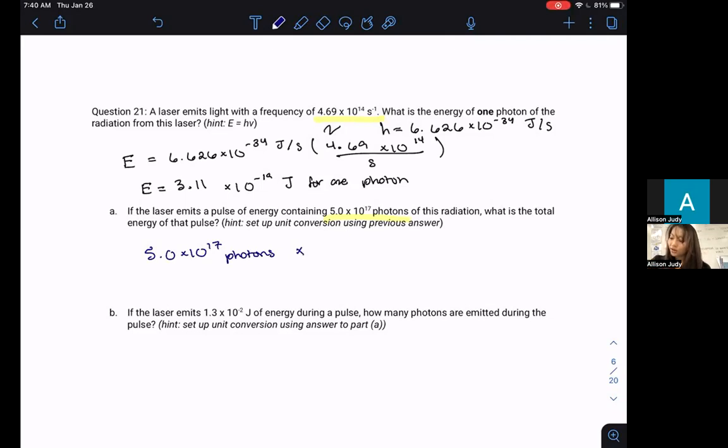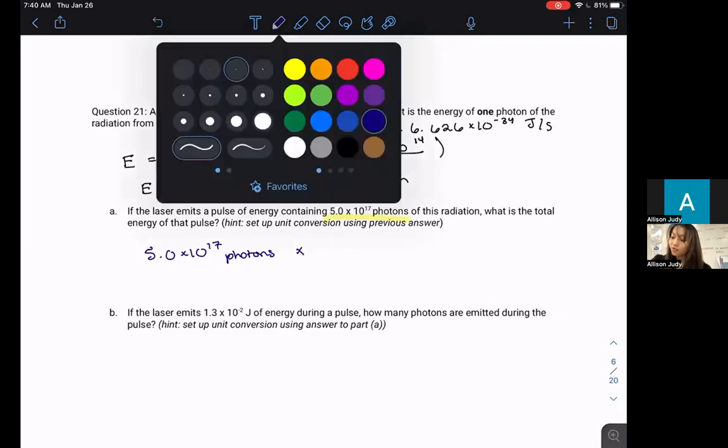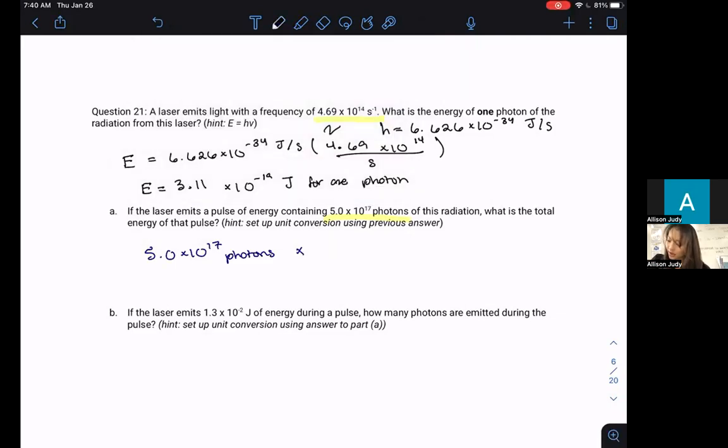And you know that if I have that many photons and every photon has 3.11 times 10 to the negative 19th joules of energy per photon, what we see then is our total amount of energy is going to be 0.16 joules.